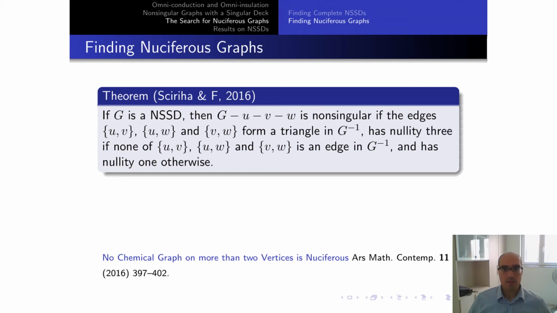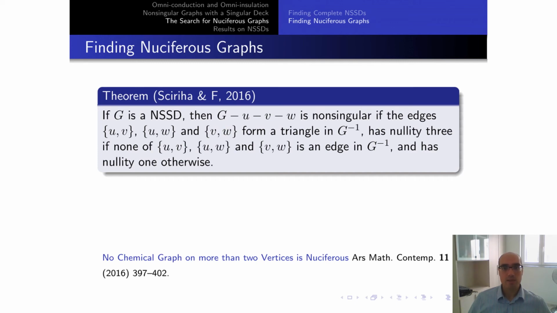This result helped us tremendously though. So what if we remove 3 vertices of an NSSD? Then the nullity of the resulting graph will be 0 if these 3 edges form a triangle in the inverse.